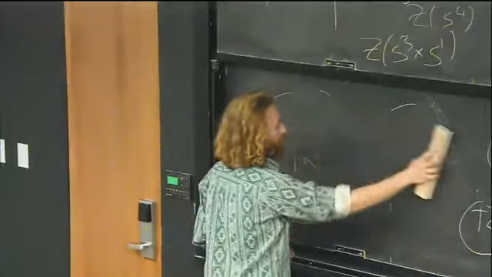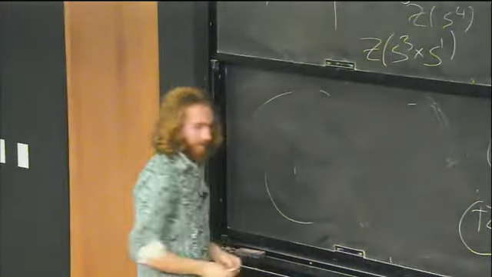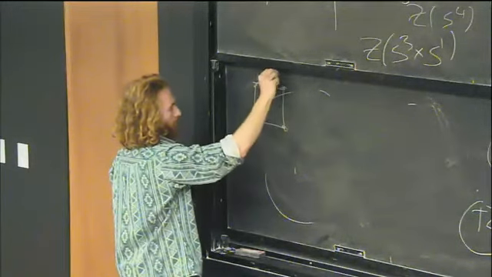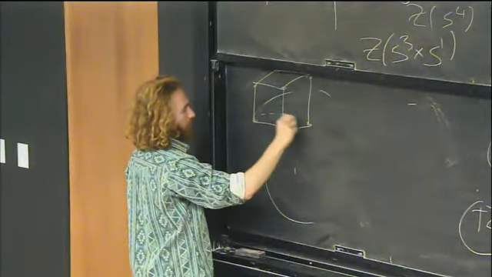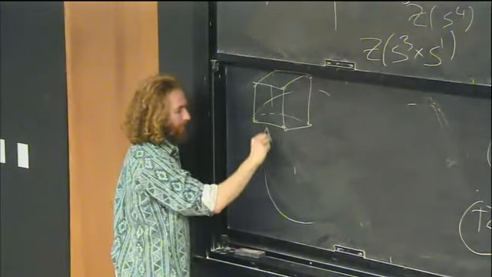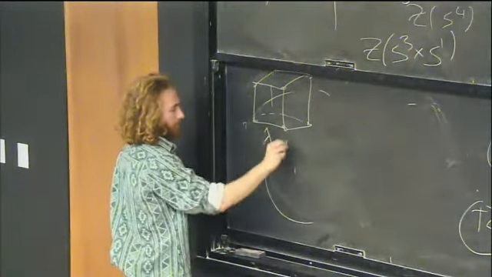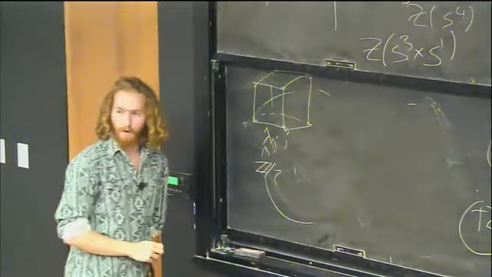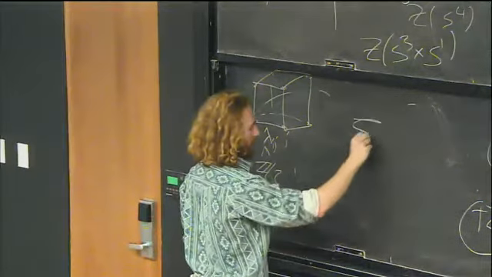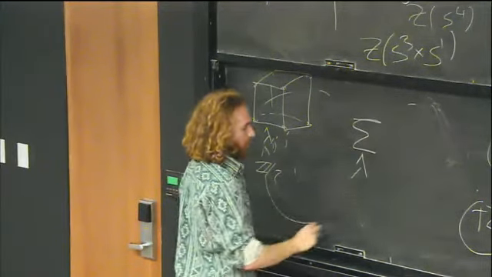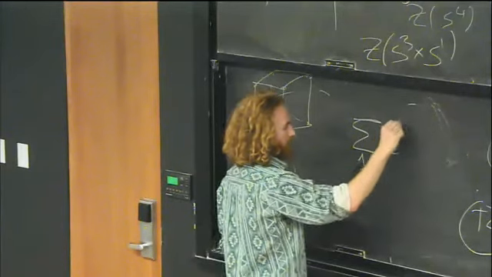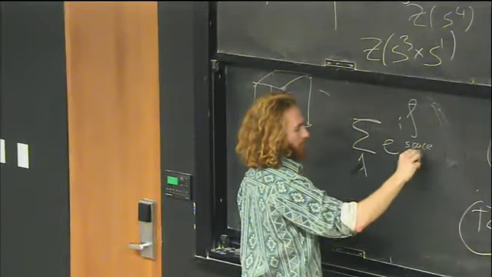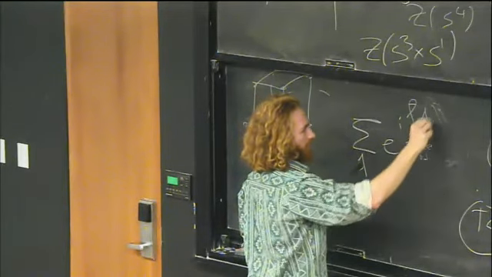This thing will have to live in 3 dimensions, and there will be link variables, which I'll call lambda, in Z2, 0 or 1. And then we just consider the sum over all lambda of e to the i integral over space, which is 3D, of, say, lambda d lambda.